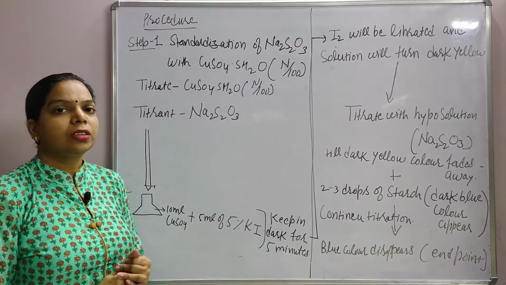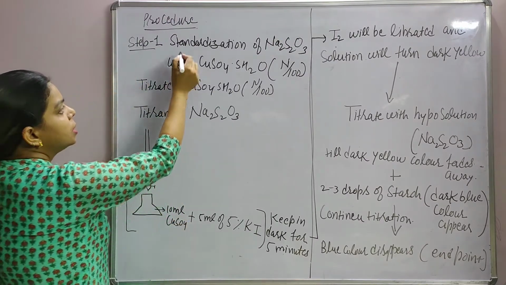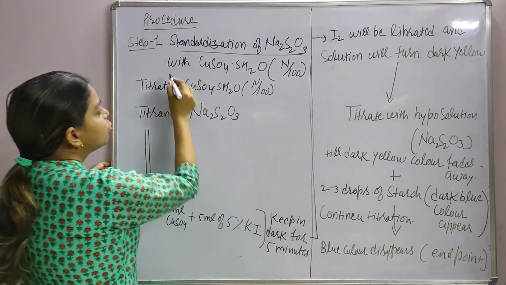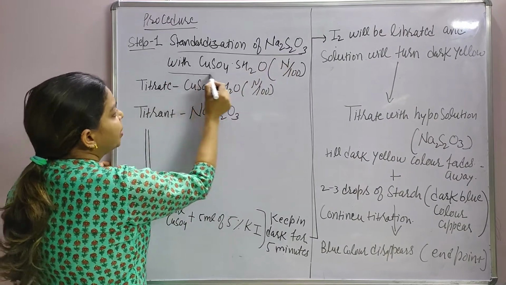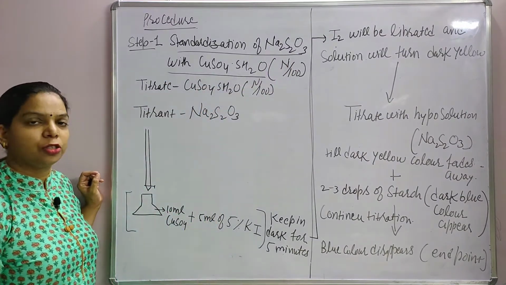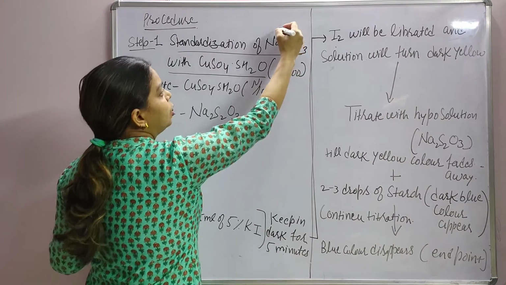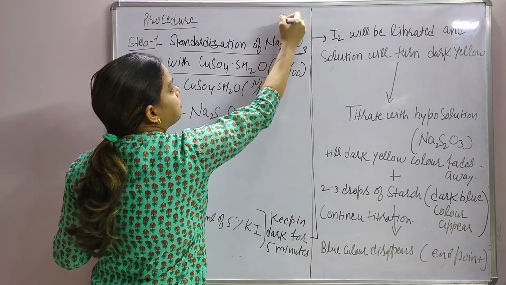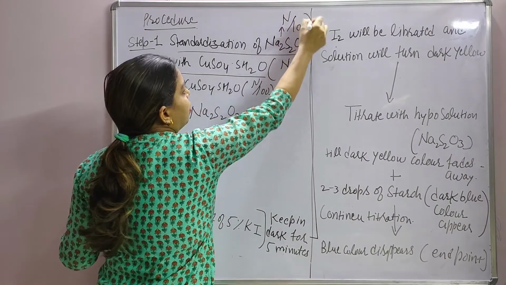For the procedure, the first step is the standardization of hypo solution, which is thiosulfate, with the help of standard copper sulfate solution. The approximate normality of the thiosulfate solution was N/100.